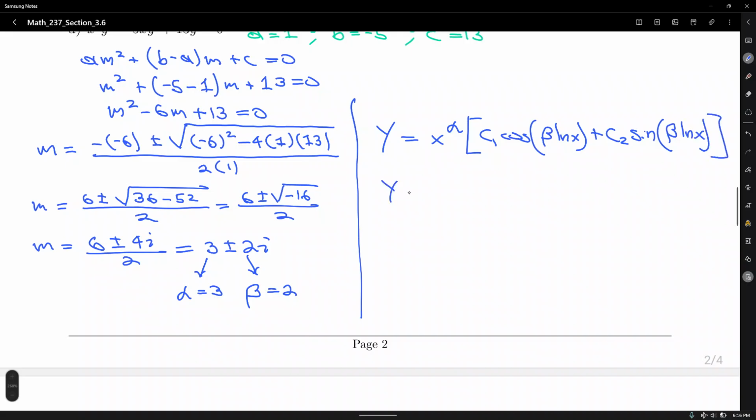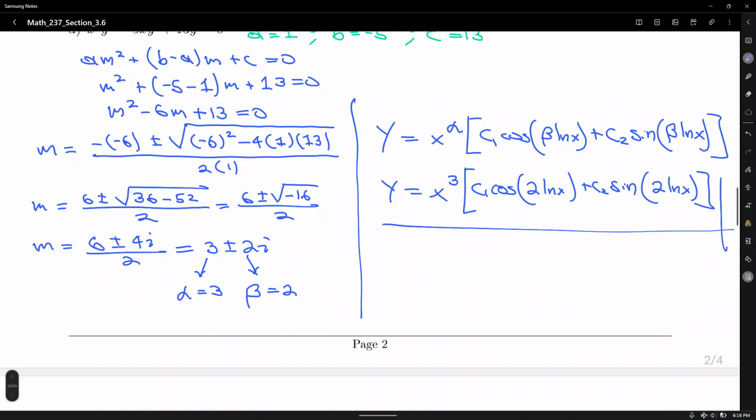That is y equals x to the alpha, which is x cubed, c1 cosine of beta, which is 2 ln x, plus c2 sine, also 2 ln x, right? Final answer.